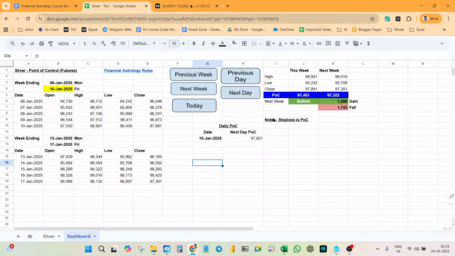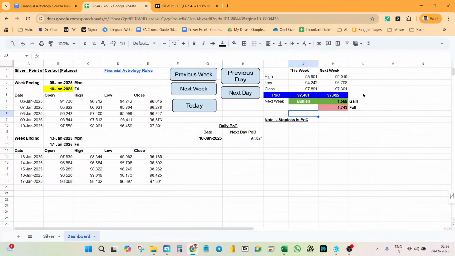But one more thing you should see is this point of control. This is the current POC, and you can use this POC as a stop loss also. For example, for the 10 January week, we know the POC is 9741, and when the price goes below the POC, then you should exit. That is very important.